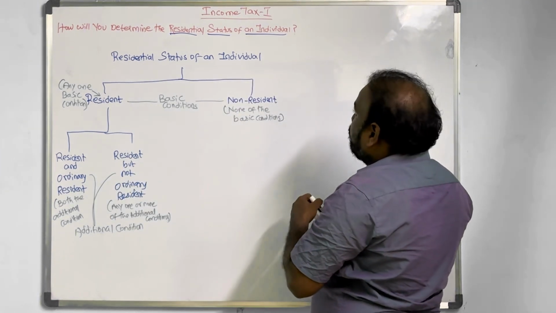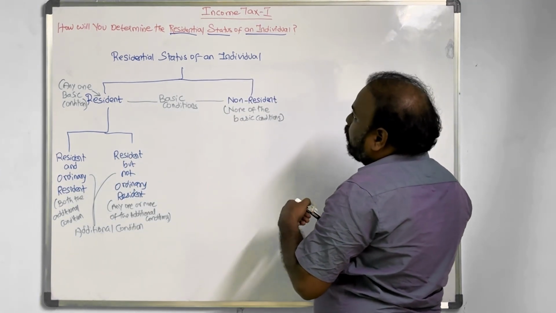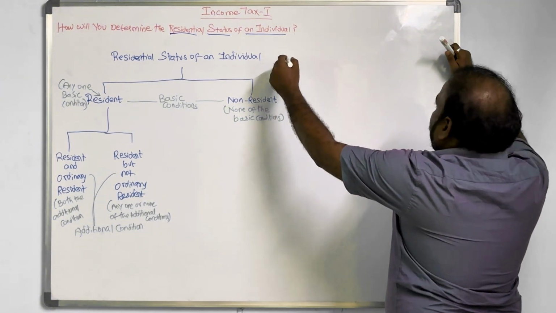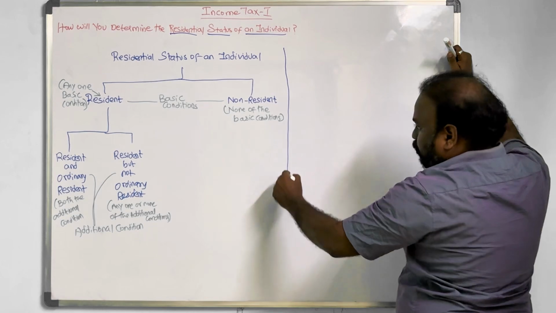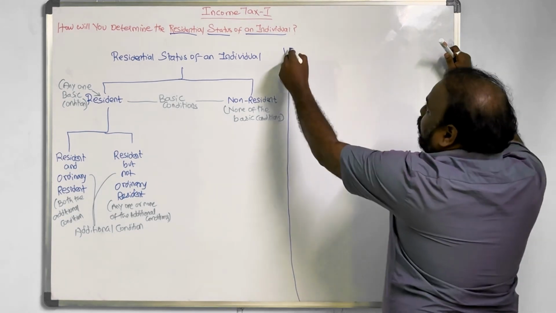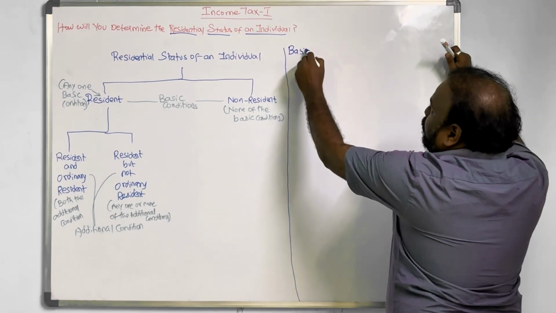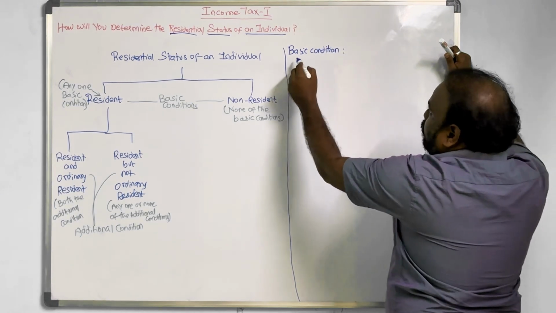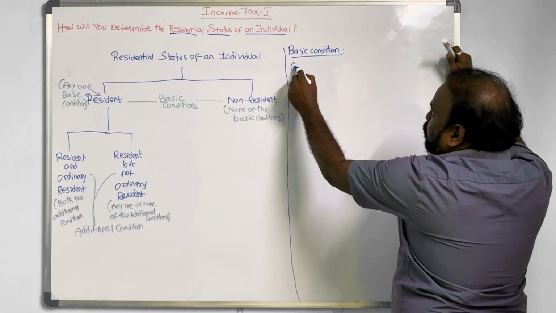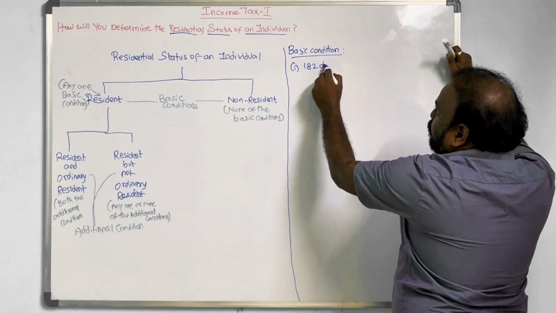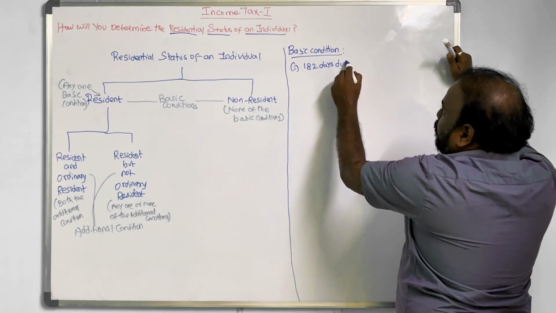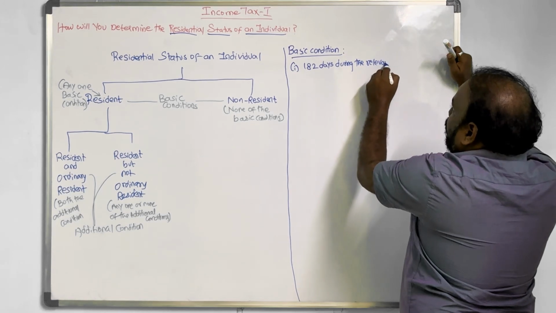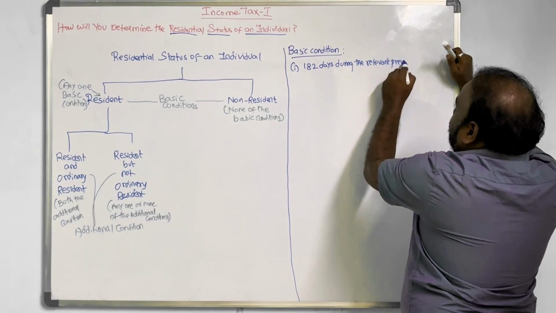Now we need to know what the basic conditions are. The first basic condition is 182 days during the relevant previous year.